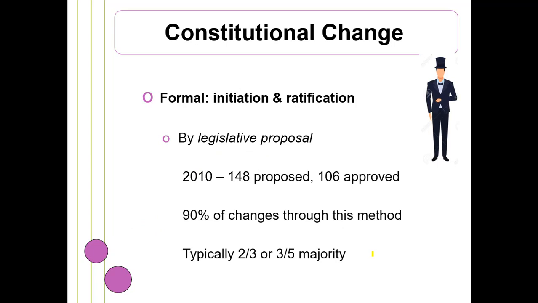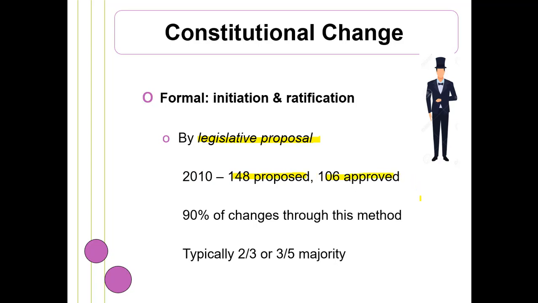Now, the more formal methods of changing a state's constitution: there are legislative proposals, where in this calendar year there were 148 proposals and 106 of them were approved at that time.